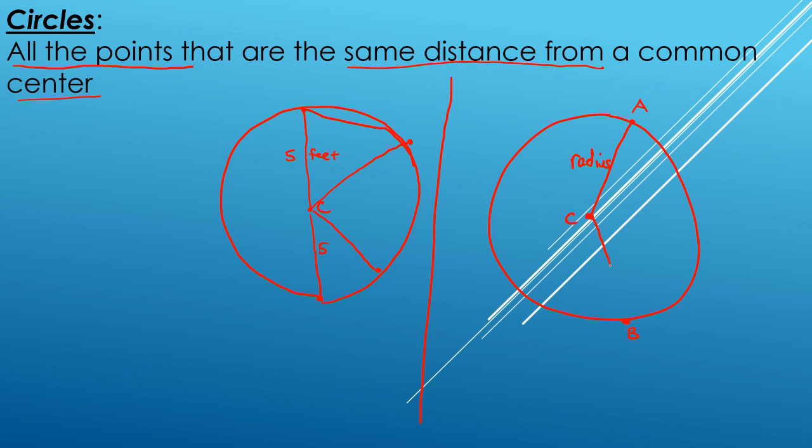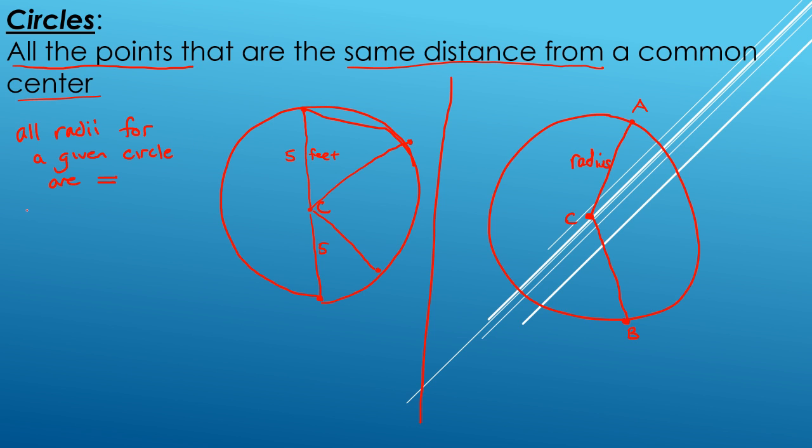Well, if you draw segment CB, that is the same length as segment CA. All radii are equal. Let me add that on for your notes. Make sure this gets in your notes. All radii for the same circle, for a given circle, are equal.